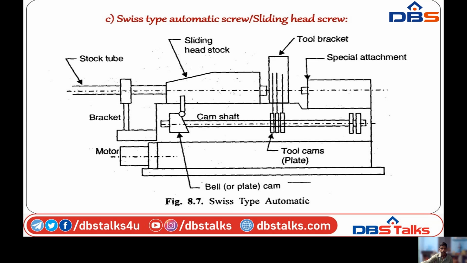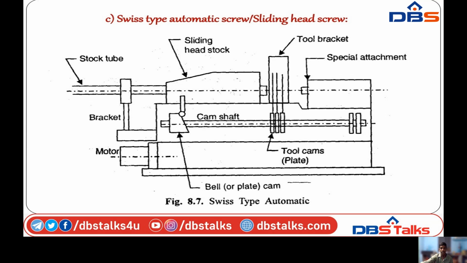Here, it is similar to the screw type automatic lathe, single spindle automatic lathe machine. This type is also similar to the second one. In this also we are using a camshaft and tool cams.